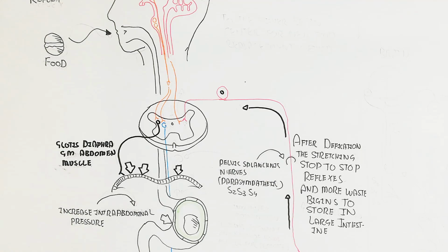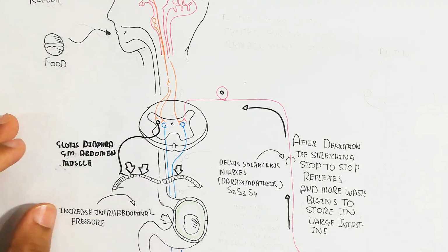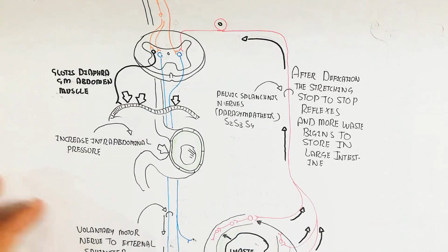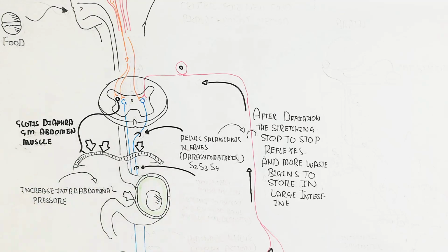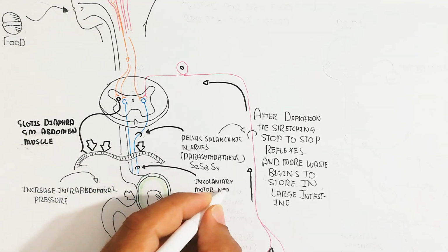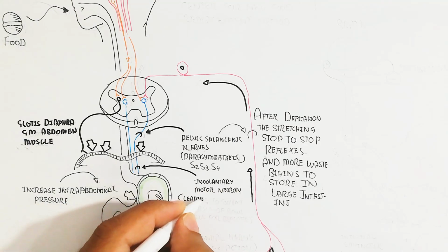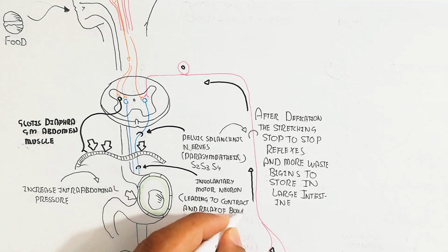But remember, whenever the signal after the stretching is felt and goes into the brain, and again goes into the spinal cord through the vagal nerve, it goes to the lumbar 1 and 2 nerves.